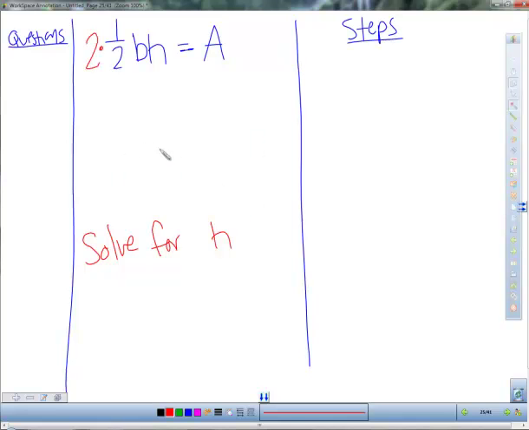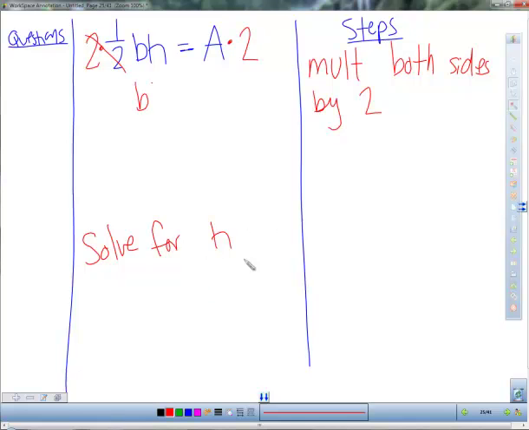If I multiply one side by 2, I got to multiply this other side by 2. So I'm going to write over here in my steps, multiply both sides by 2. Okay, well 2 times 1/2, those cancel, and I end up with bh equals 2A.